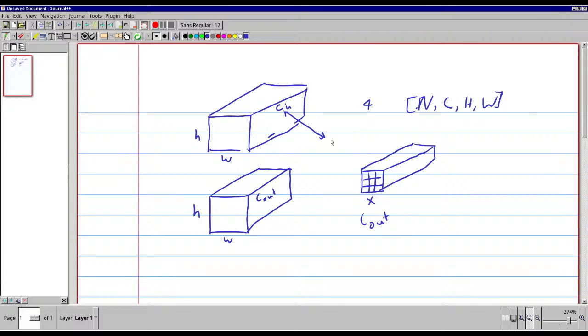So the convolution filter is K by K by C in. And the number of convolution filters determines how many channels of the output, because each one will just give me 1 slice.